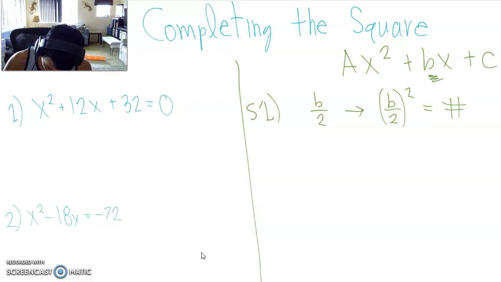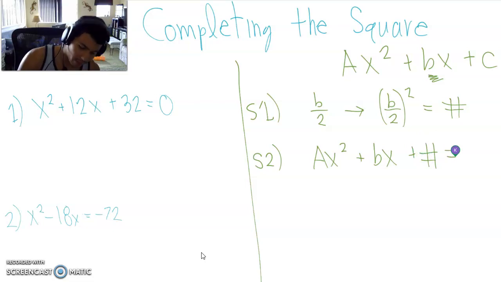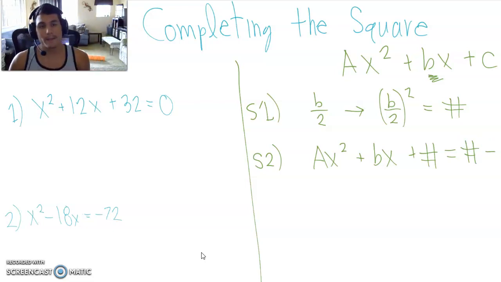Okay, then step 2 is you just go ax squared plus bx plus number is equal to, by the way, you need to have c on the other side. I should have said that earlier. Number minus c.